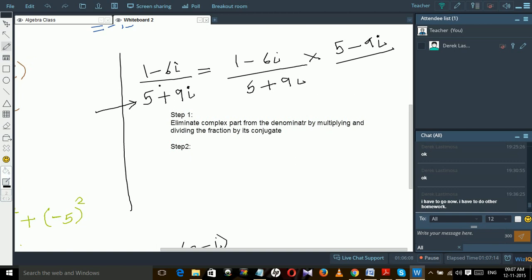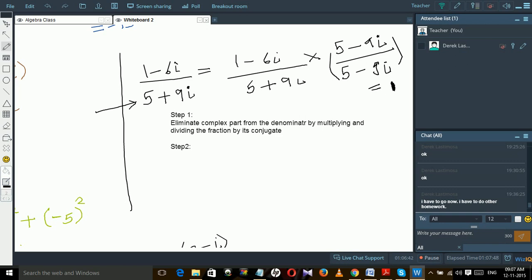Do you understand how to find the conjugate of a complex number? You just have to substitute the positive sign with a negative sign. If a complex number is z, we represent its conjugate by z bar, and when we remove the bar, we substitute the positive sign with the negative sign.